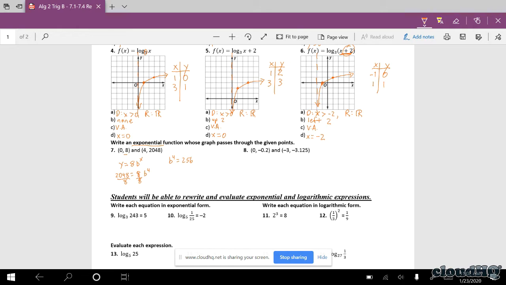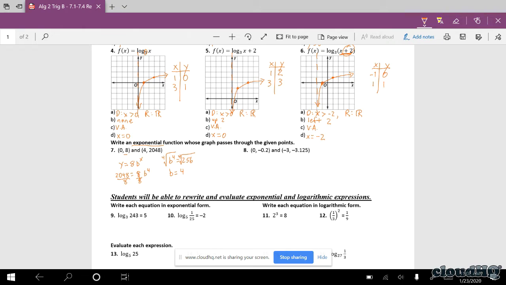Then to get b, I'd want to get rid of the 4th power, so I would do the 4th root. Typically, because it's an even root, I would have to do plus or minus. But on these exponential problems, we're only dealing with positive bases. So I'm going to ignore the negative possibility here and say that my base had to be 4.